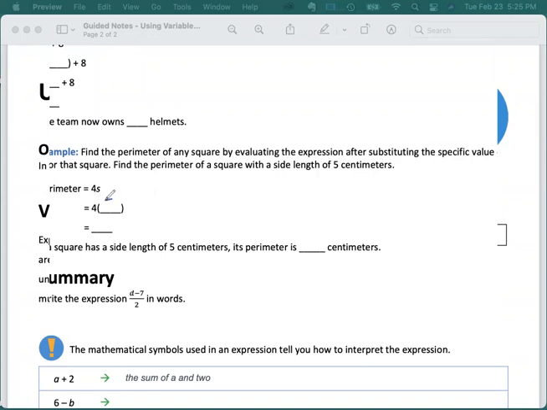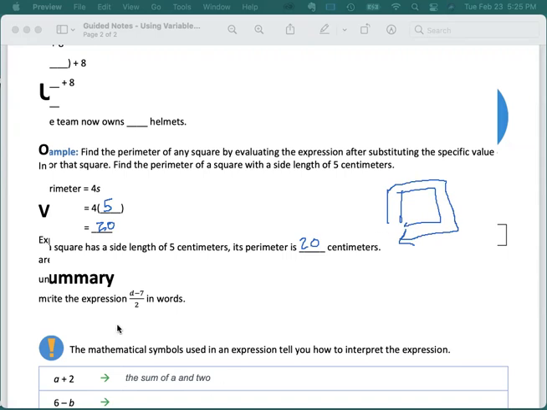So 4 times the sides, the side is 5 centimeters, so 4 times 5 is 20. So if a square has a side length of 5 centimeters, the perimeter is 20 centimeters. And remember, perimeter is all the way around.